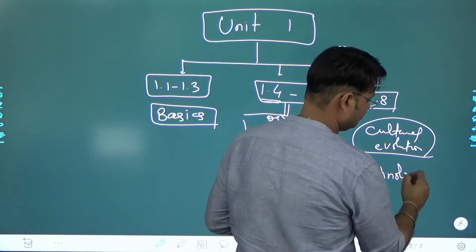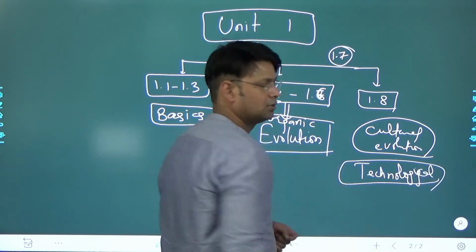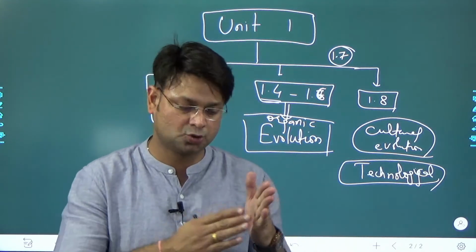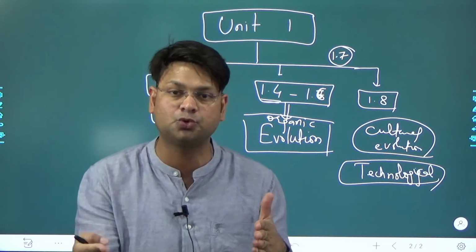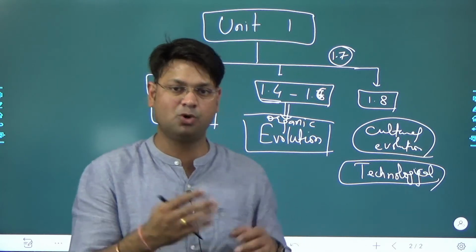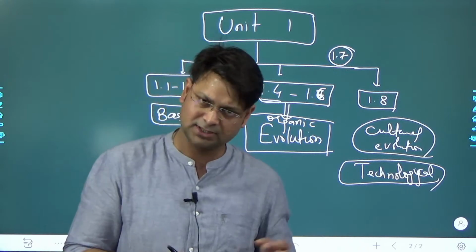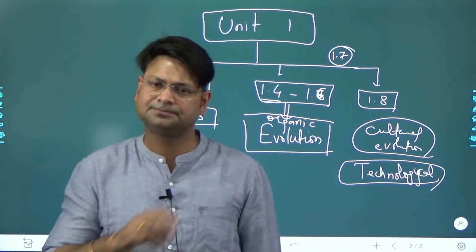What changed from Paleolithic to Mesolithic? The change was basically a change of technology, refinement of tools, better use of the tools that were there, more efficient tools. So there was improvement in technology. Everything will be there in unit 1.